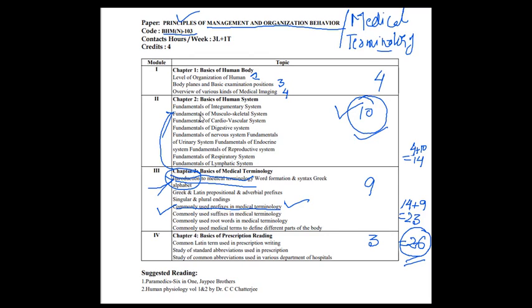So if I take, say for example, a very common term nowadays in this time of the winter, the aged people, the grandma and the grandpa of our home, they complain of a pain in the joints.